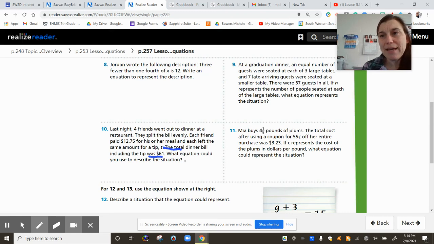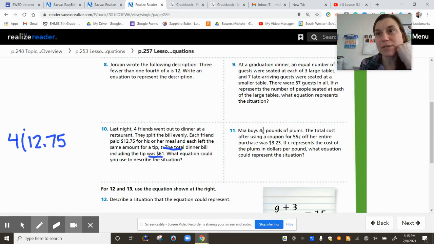So remember we talked about that? When you have something that's the total amount, that's usually on one side of the equation. So these friends took that total amount and they each paid part, and they each paid the same amount. They each paid $12.75, and they each left a tip. Now, if they each paid $12.75, you would just multiply that by 4, and that would equal $61. But when we multiply 4 times $12.75, guess what?